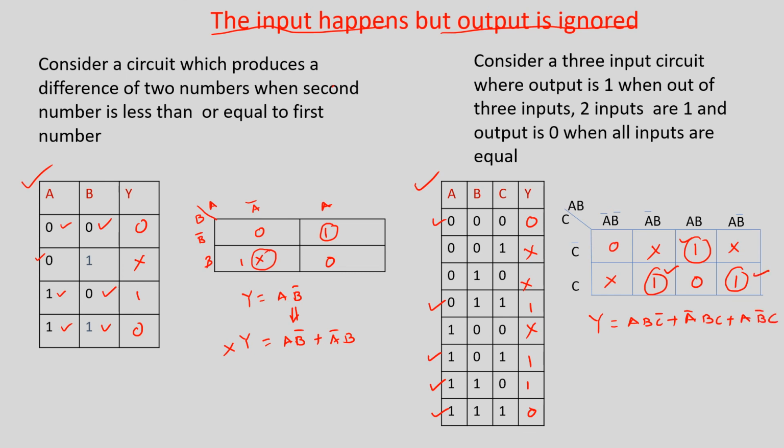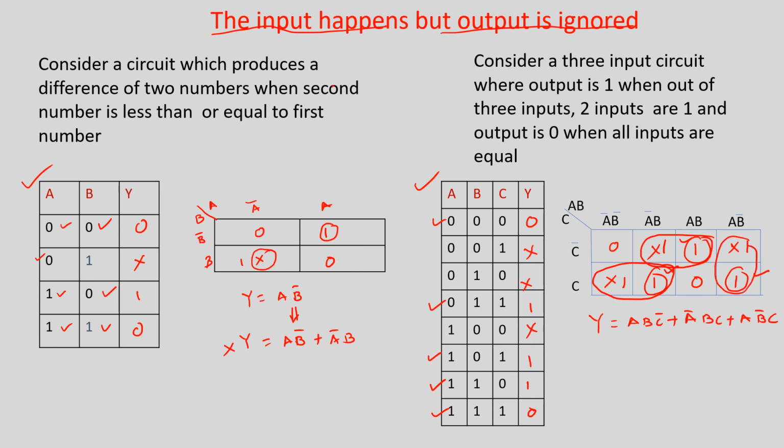Now if I use don't care, let us see whether it is reducing or not. Suppose I use these don't cares, this one and this one, and this also, then I can straight away form pairs. So this is one pair, this one is one more pair and this one is one more pair.